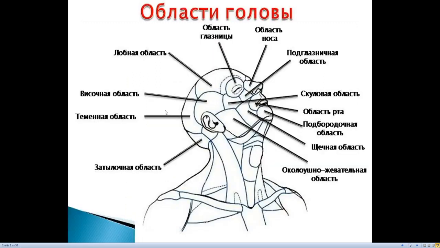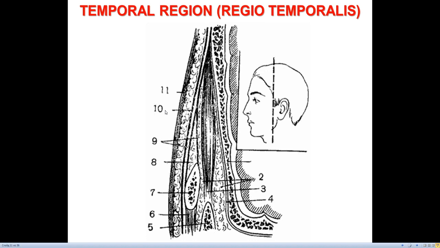Temporal region. The temporal region is bounded by the margins of the temporal muscle. Skin is movable, especially in the anterior regions of the temporal region. A smaller mobility is in the posterior regions.